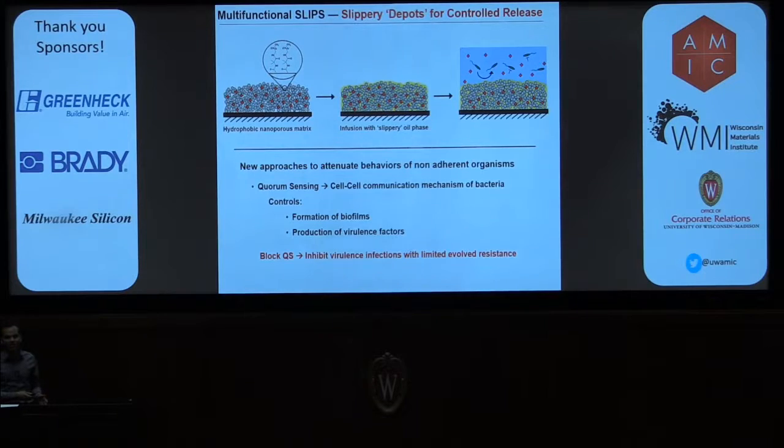Quorum sensing is just a basic mechanism that bacteria use to communicate and then engage in group behaviors, such as the formation of biofilms or the production of many different virulence factors.